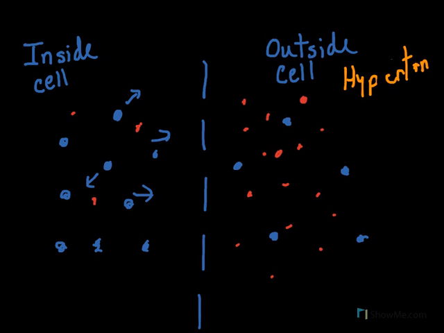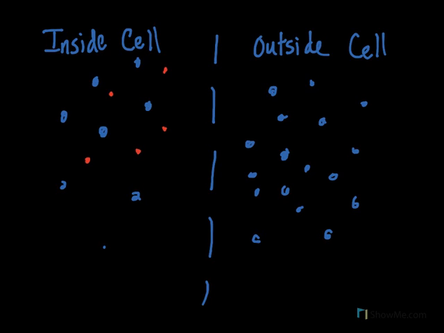Oops, sorry, I shouldn't be writing on the fly. That's better. Hypertonic solution. Greater amount of salt on the outside of the cell. Water is moving from inside to the outside of the cell, or the cell is losing water, I should say.